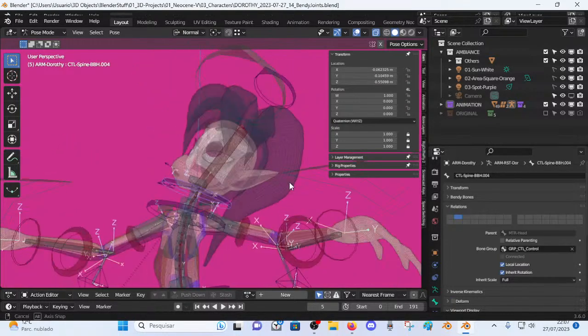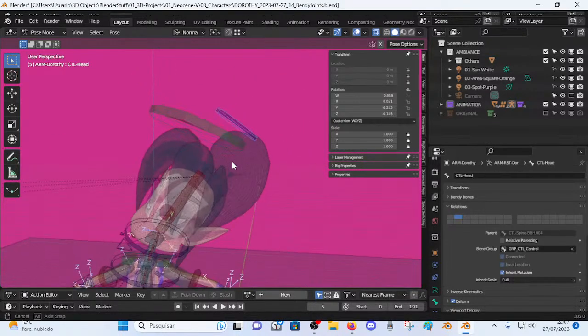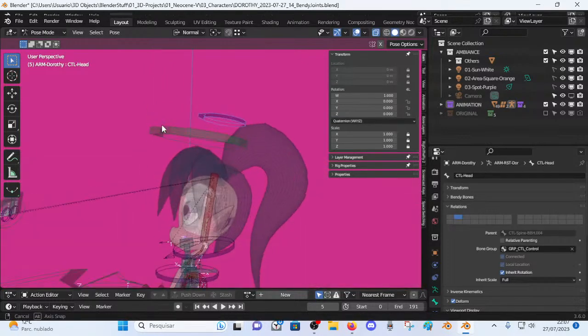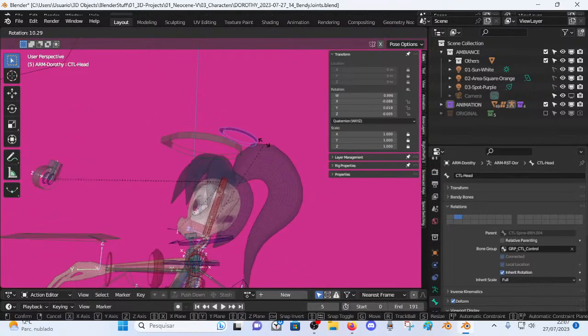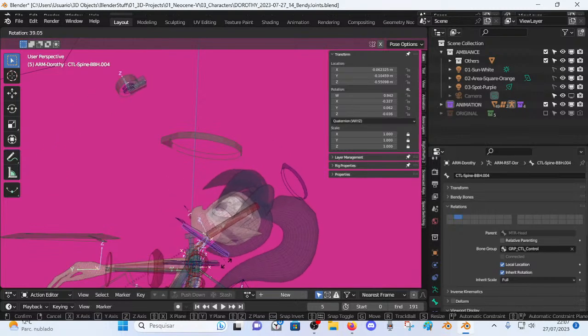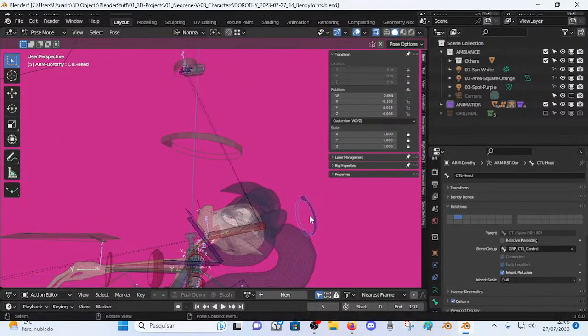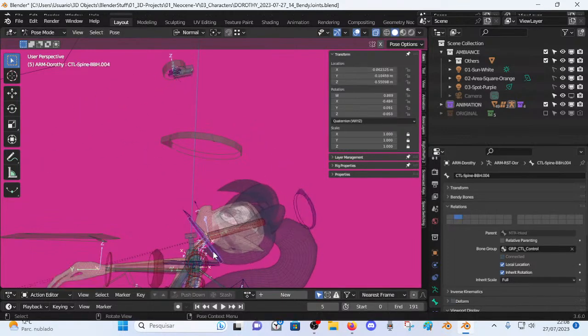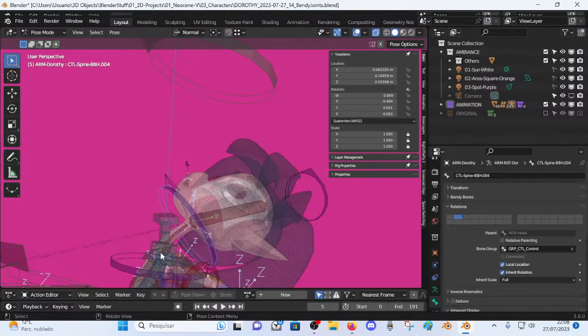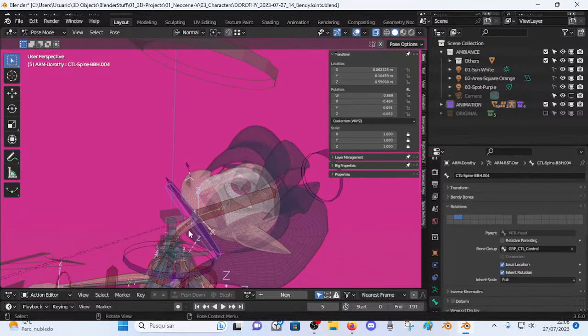So if I don't want to rotate the neck for whatever reason, then this bone will maintain it. Here this rotation is actually important, because it's a rotation of these things.